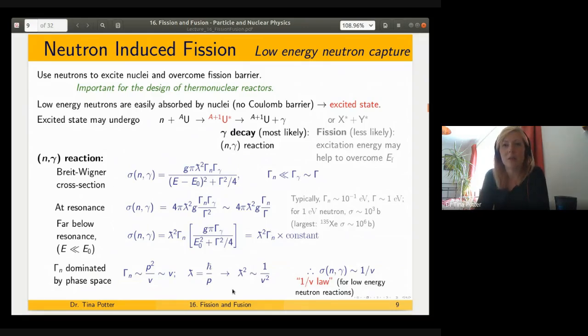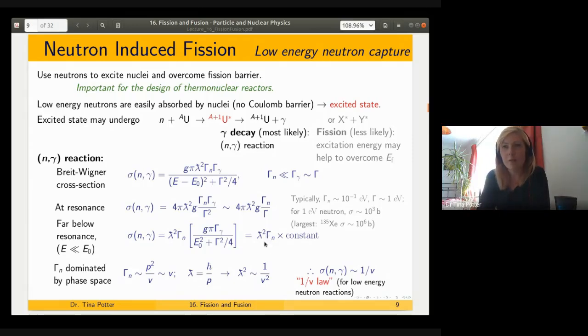So let's have a look at how this lambda value goes. Lambda is h bar over the momentum. The higher the momentum, the higher the energy or the higher the velocity of the neutrons that we have. If they're very low energy, they're not relativistic, so we can treat this classically. That's not a problem.